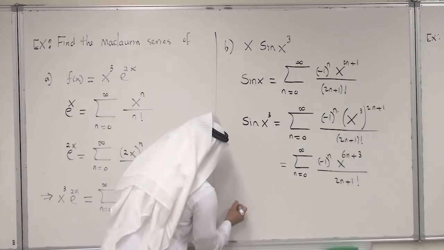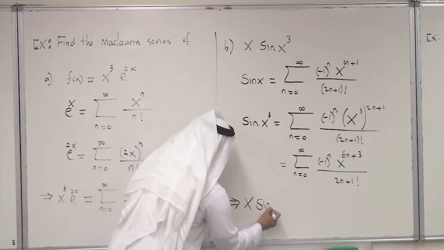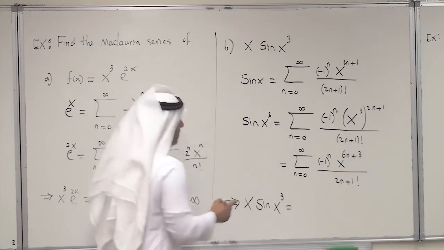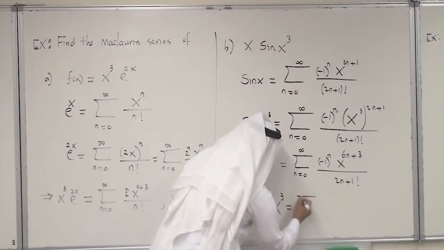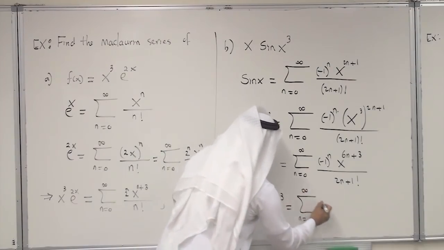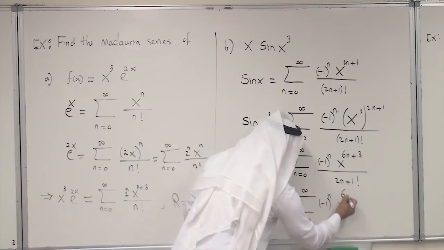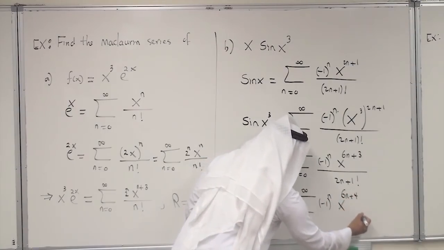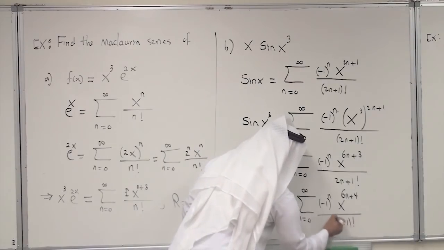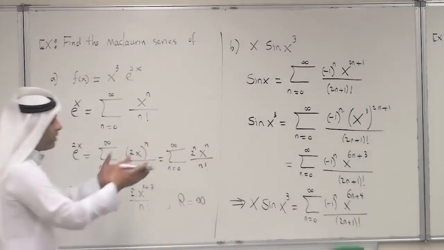This implies now x sine of x cubed is equal to, we just multiply by x, to have n equal to 0 up to infinity, minus 1 to the power n, x to the power 6n plus 4, all divided by (2n plus 1) factorial. Of course, I need to put some parentheses here to indicate that 2n plus 1, all of it is inside the factorial.